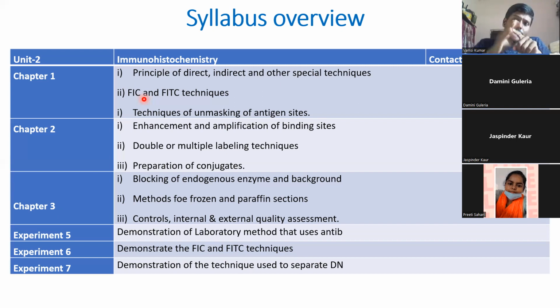The tissue peroxidases need to be masked. So that is called blocking. How to block endogenous tissue enzymes to ensure they do not cross-react with our testing protocols. So blocking of endogenous enzymes is called blocking.